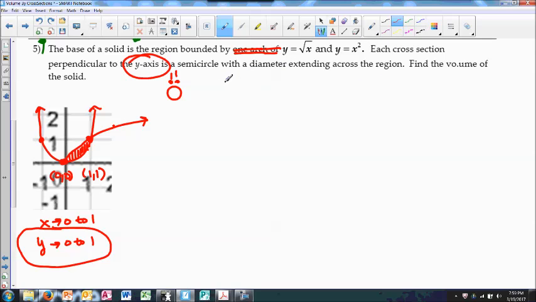So if y equals the square root of x, that means that y squared is equal to x. If y equals x squared, then x is equal to plus or minus the square root of y.